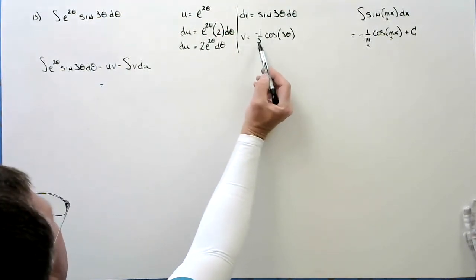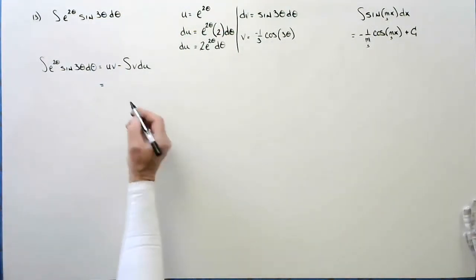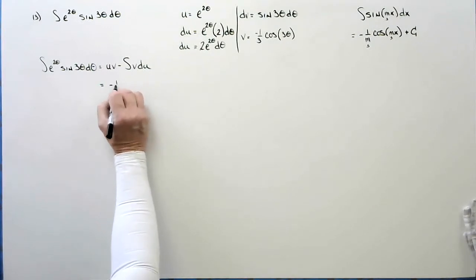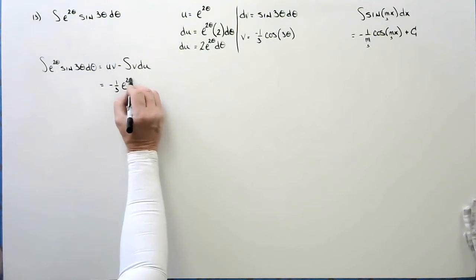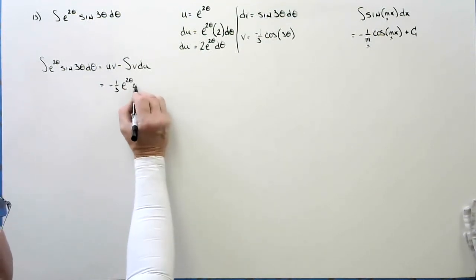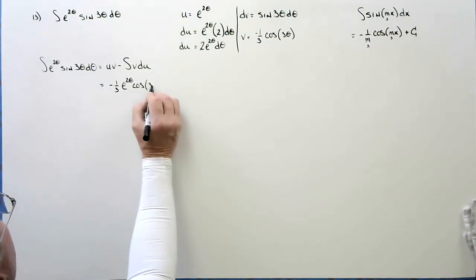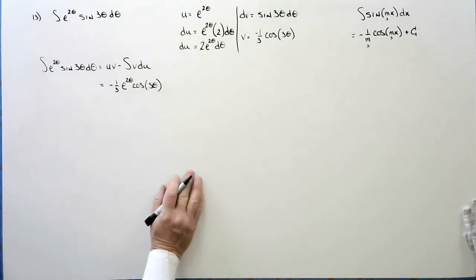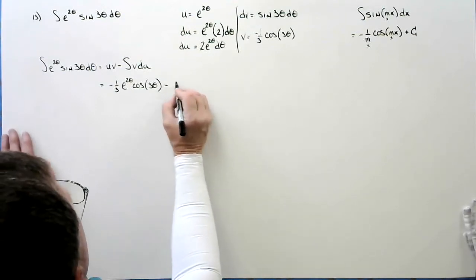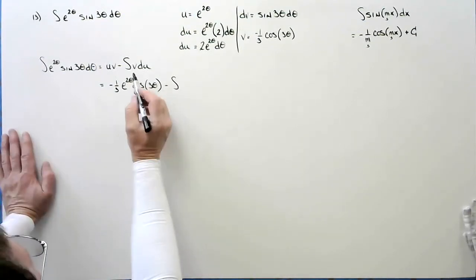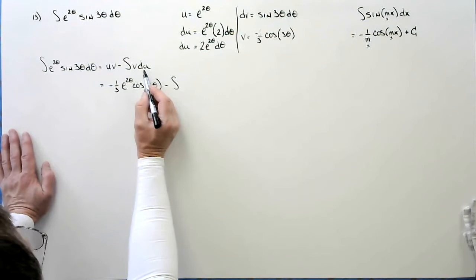V is minus 1/3 cosine 3 theta. So that's going to give us minus 1/3, putting our constant out in front, e to the 2 theta cosine of 3 theta. That's u times v minus the integral of v du.